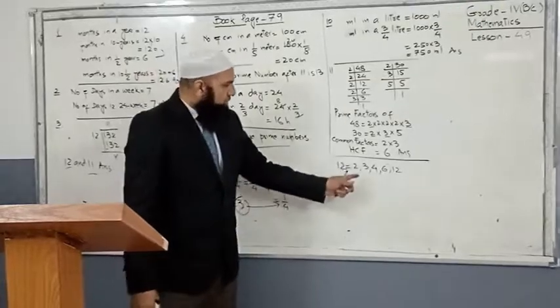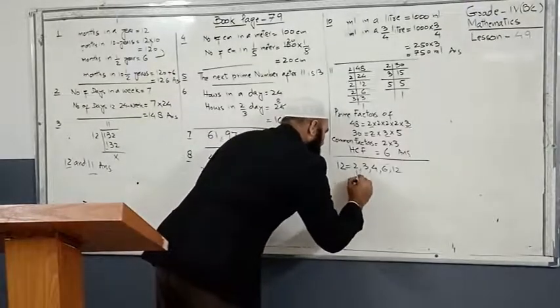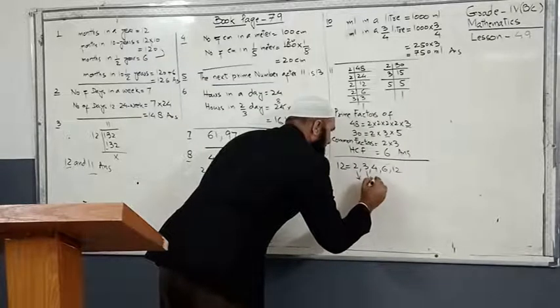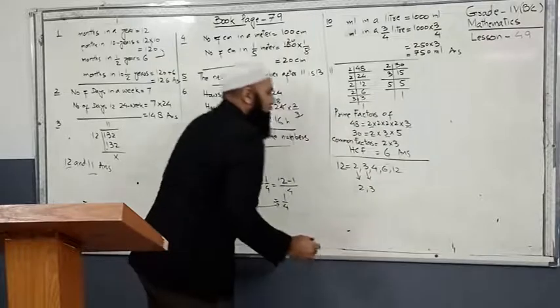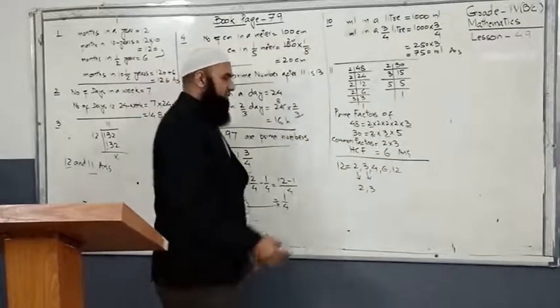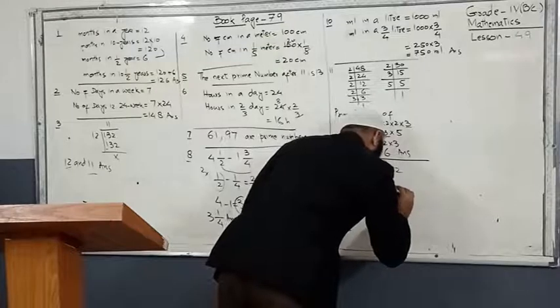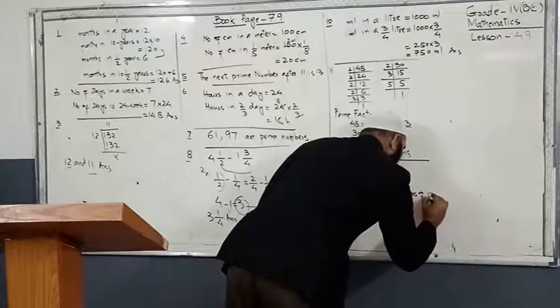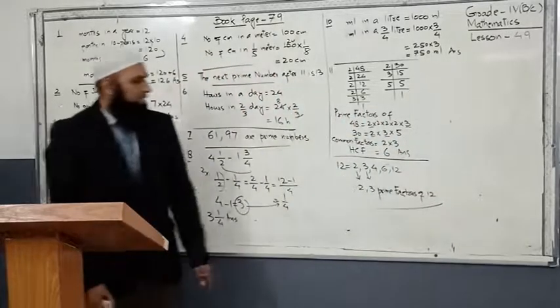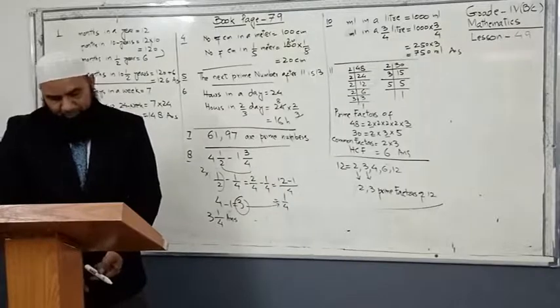Now we see which are prime numbers. This is a prime number, this is a prime number only. So 2 and 3 are the only prime factors of 12.